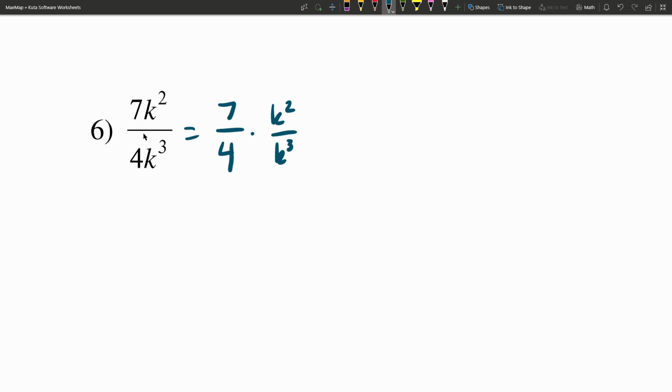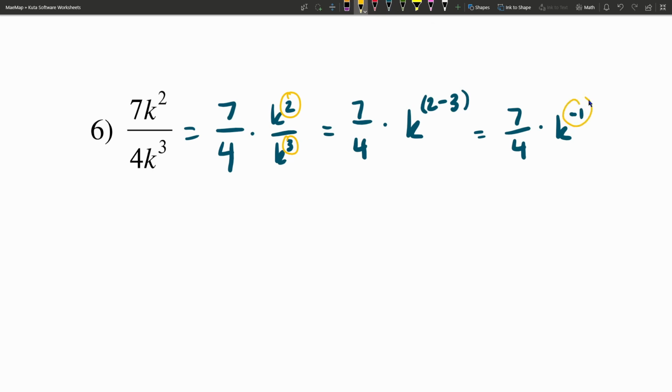Now, working with exponents that have that same base of k, we're going to get 7 over 4 times k to the, well, it's going to be 2 minus 3, because 2 is the exponent in our numerator and 3 is the exponent in our denominator. So this is going to equal 7/4 times k to the 2 minus 3, which is k to the negative first. Remember though, we don't want negative exponents.